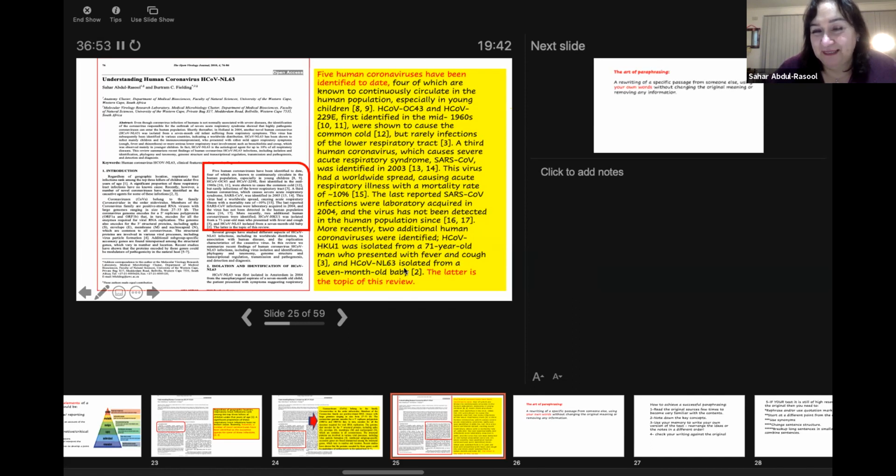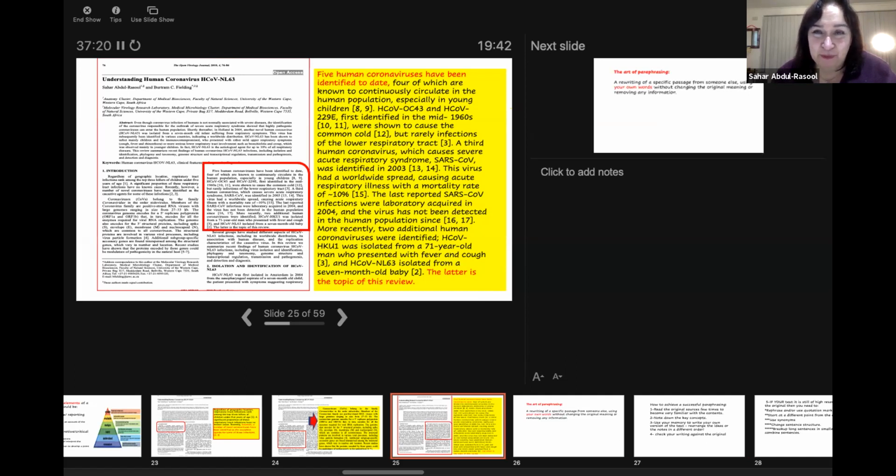We put it last intentionally, and we said the latter is the topic of this review, to focus on this review and to pave the way for the next paragraph. We were talking broadly about the 5 types, and now we're saying that the latter is the topic of the review. We are going more specific. We are going to talk only about the coronavirus NL63. I hope you understood this.